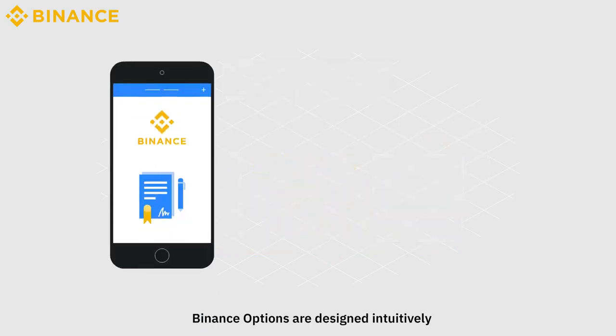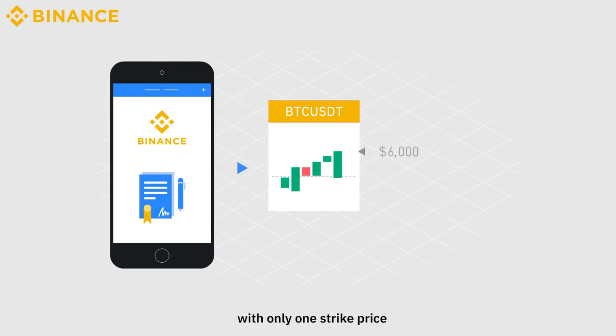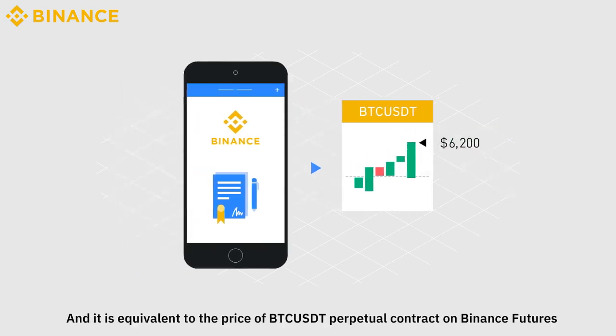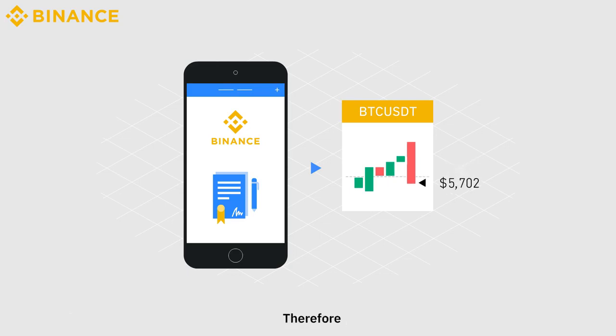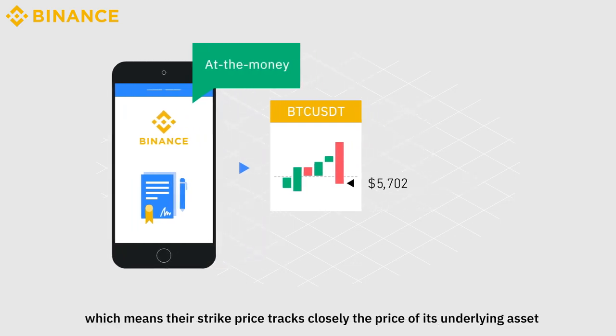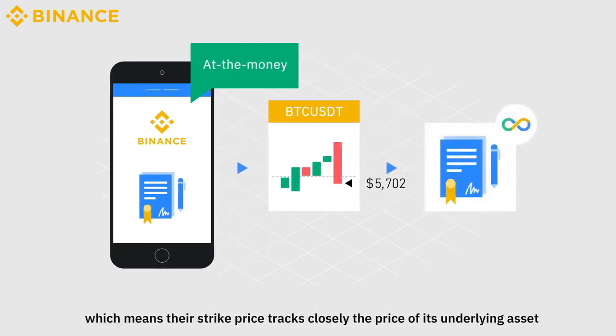Binance options are designed intuitively with only one strike price, which is the price at which a put or call option can be exercised, and it is equivalent to the price of BTC USDT perpetual contract on Binance Futures. Therefore, Binance options are always at the money, which means their strike price tracks closely the price of its underlying asset.